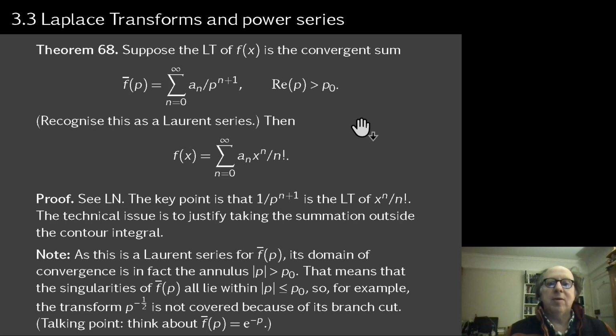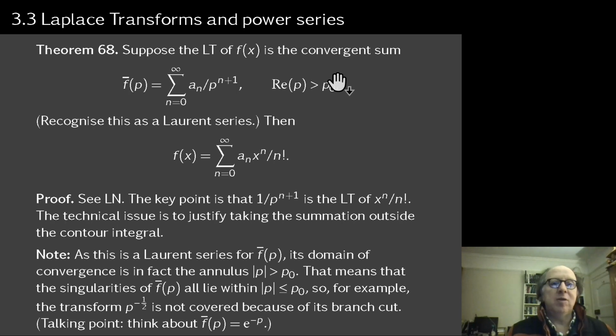Now, one of the great things about the Laplace transform is that you can apply it term by term to power series, or you can go the other way around and you can say if your Laplace transform is given by a power series, then you can recover the function as a power series as well.